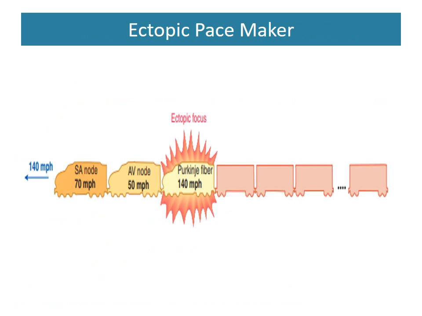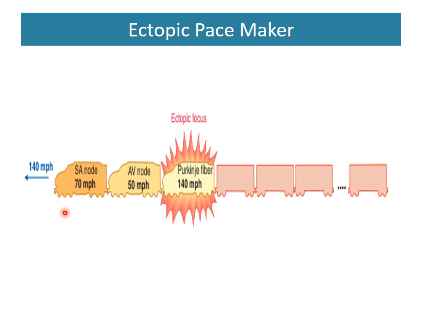Ectopic means out of place. Occasionally, an area of the heart, due to any organic disease or pathology, for example a Purkinje fiber, becomes overly excitable and depolarizes more rapidly than the SA node. See the analogy? A slow engine like this, the Purkinje fiber, suddenly goes faster than the lead engine, the SA node.